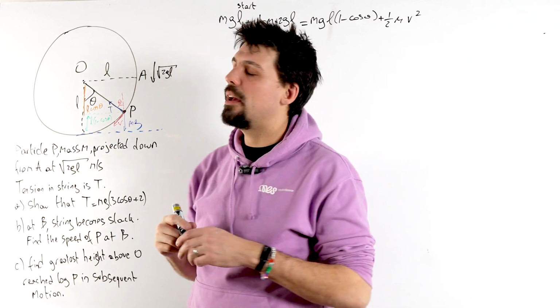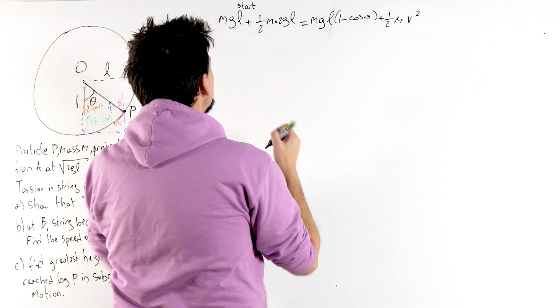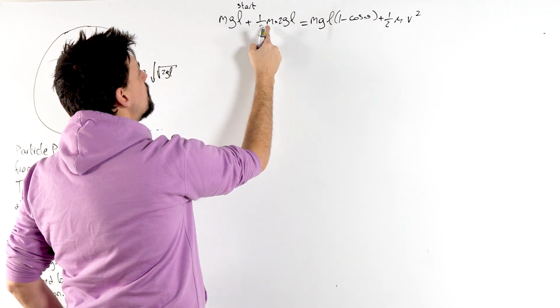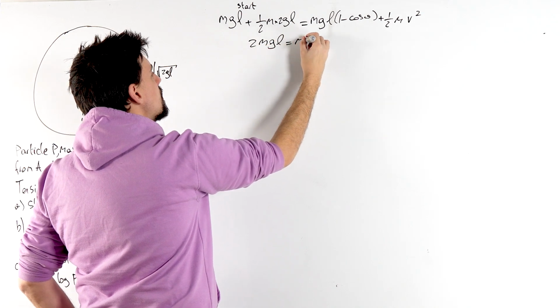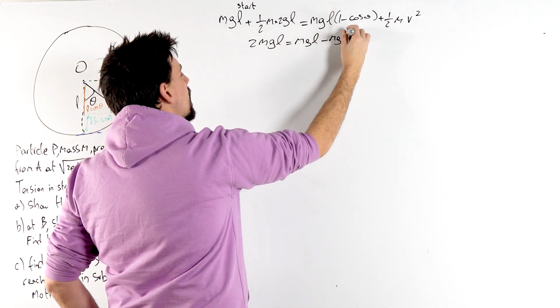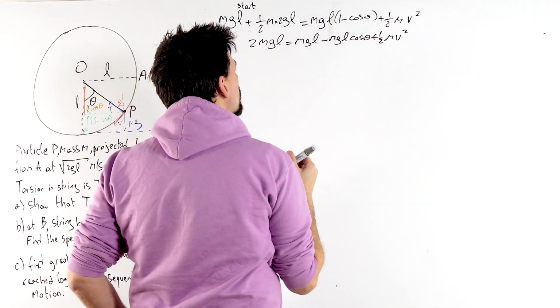And that's going to help me get an expression for v squared. Tidying this up, that gives me 2mgL is equal to mgL minus mgL cos theta plus a half mv squared.